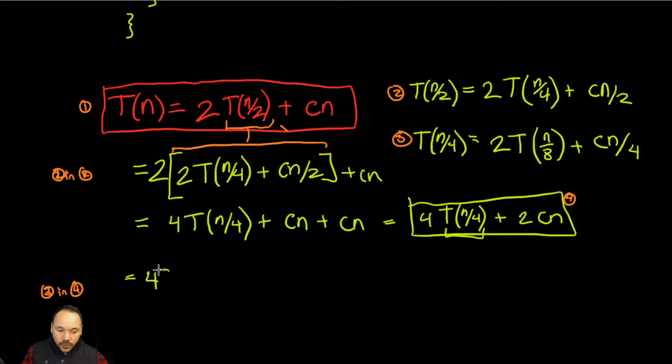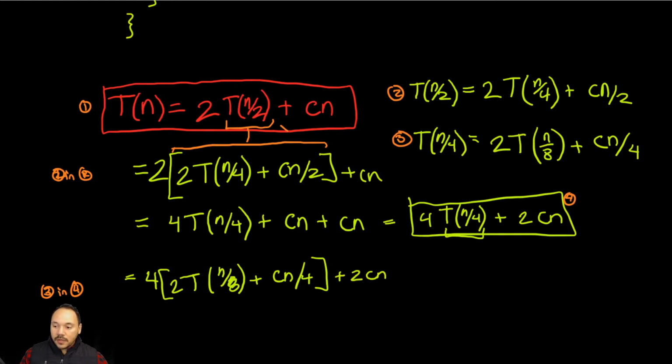So we have 4, and then we're going to open that, and we have 2T, this whole thing here, divided by 8, plus Cn by 4, right, and then plus 2Cn.